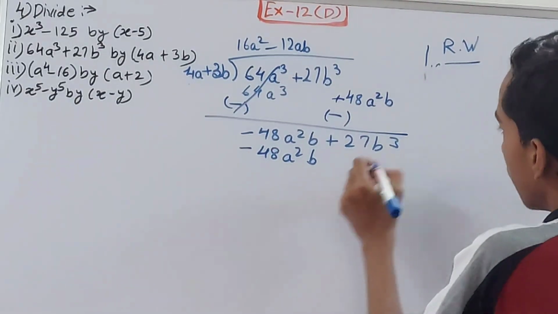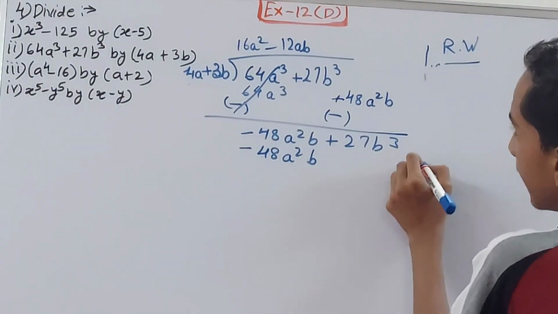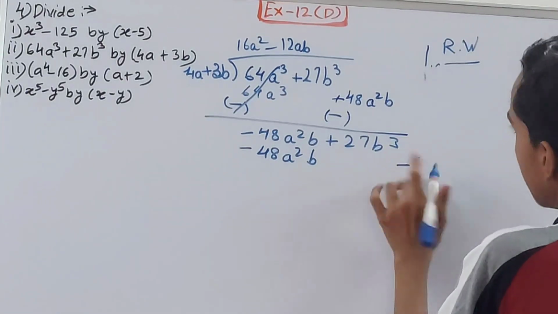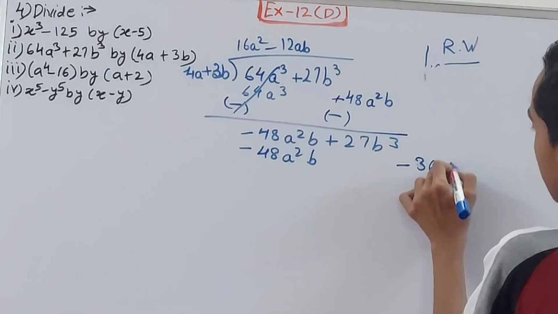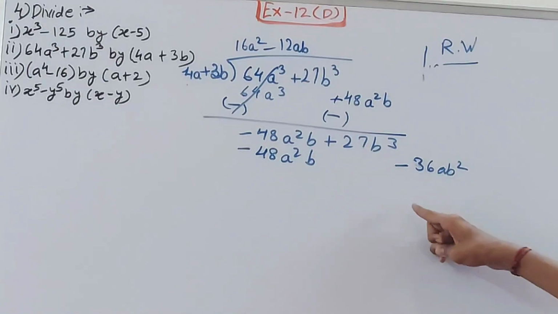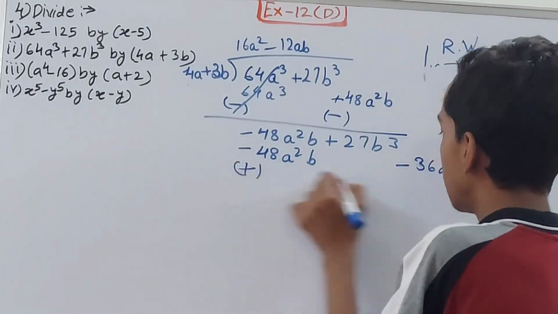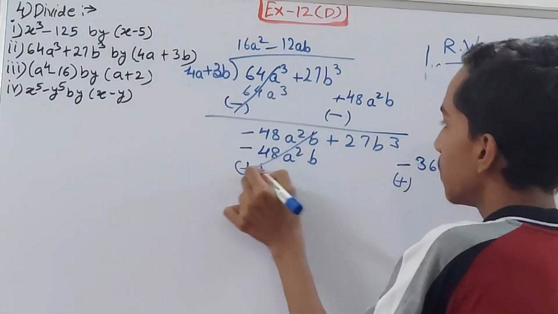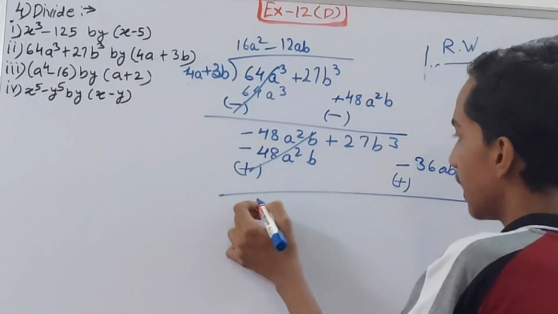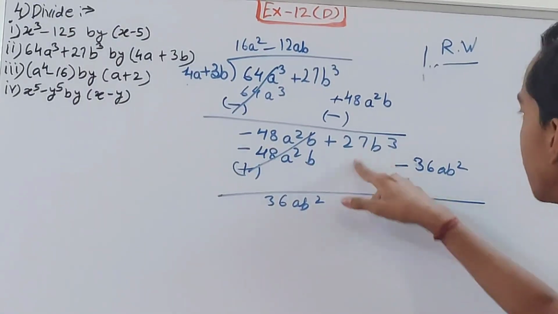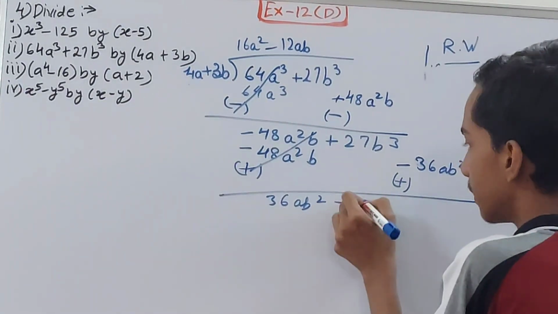So we'll have minus sign and then 48, sorry, minus 36AB square, fine. Minus 36AB square, and now change the sign. This will become plus, this will become plus as well. This will cancel, right? So you will have 36AB square here and you will have 27B cube here.